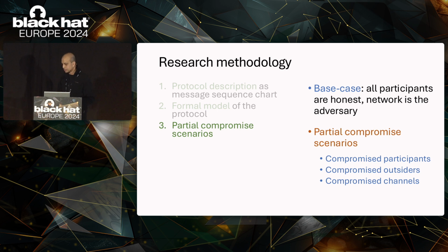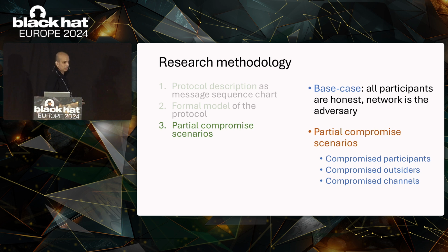We look at what will happen if one of the participating parties is compromised. What happens if it is not a participating party but a related outsider, such as an SMDP server that the user is not directly interacting with? What if that party is compromised?